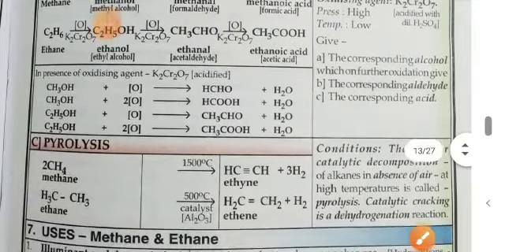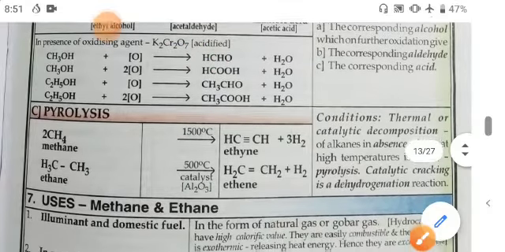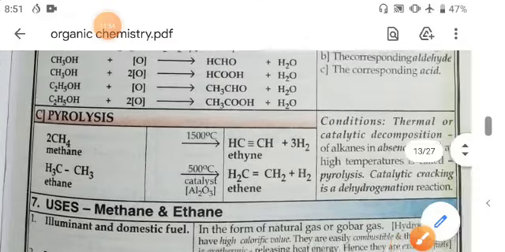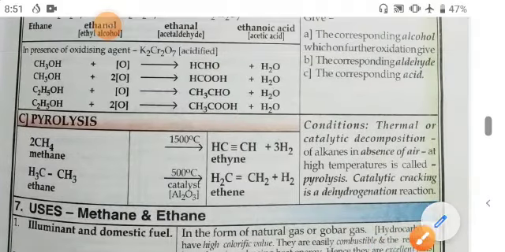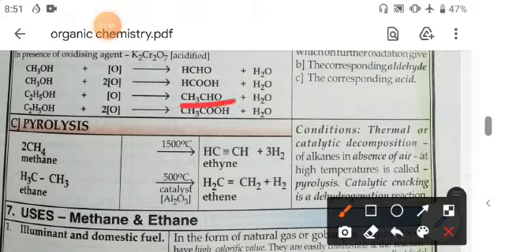In presence of an oxidizing agent like K2Cr2O7, it forms formaldehyde and then formic acid, and ethane forms ethanoic acid.